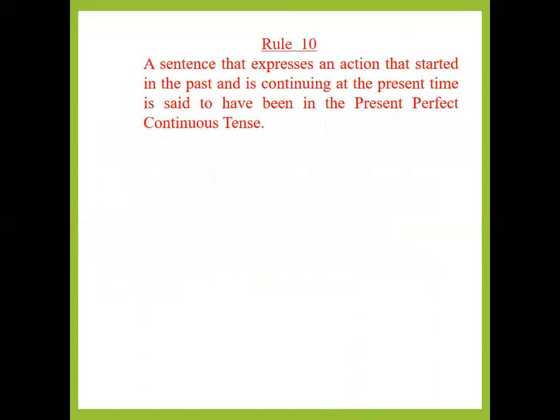Rule 10. A sentence that expresses an action that started in the past and is continuing at the present time is said to be in the present perfect continuous tense. For example, they to live in Dhaka for 10 years. The sentence indicates that the action started earlier and it is still going on.